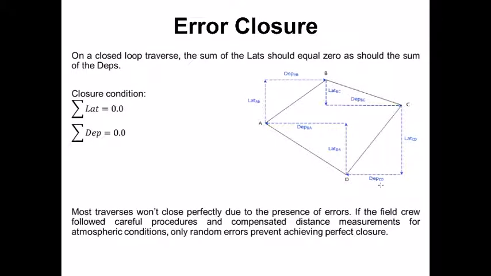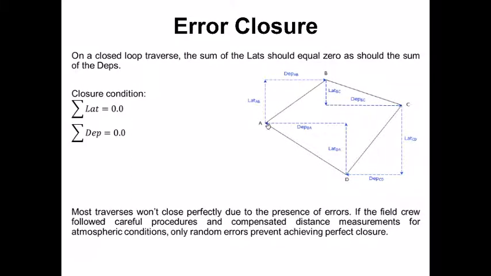So now let's talk about the errors in closure. When you're working with a closed traverse and you calculate latitudes and departures for all the lines, the summation of all the latitudes has to be equal to 0 and the summation of all the departures has to be equal to 0. Since we are working with a closed traverse, the latitudes and departures give you the projections in terms of north-south and east-west.